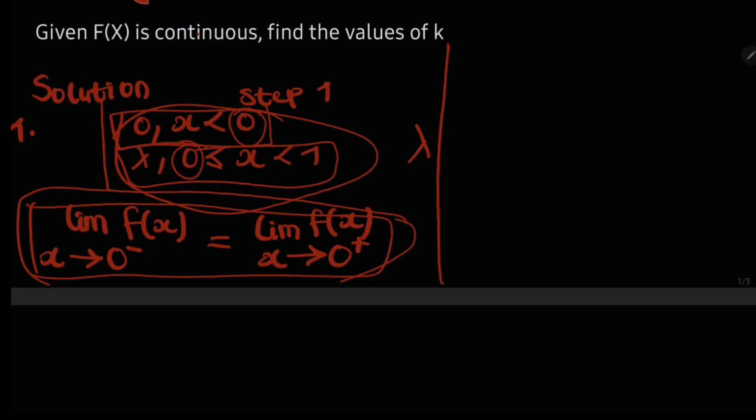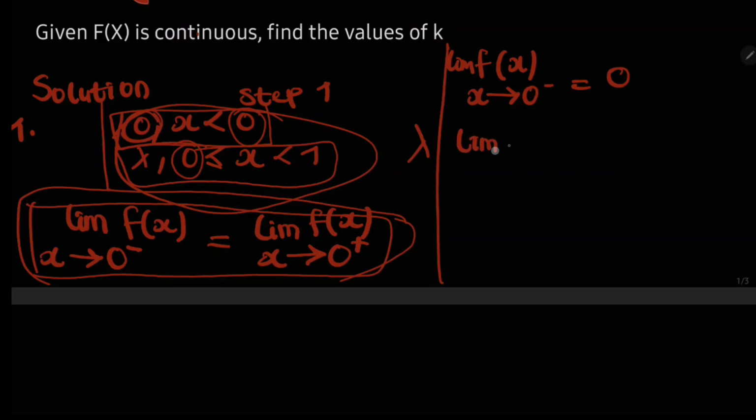So here we are just going to replace x with 0 in the different equations. It's only 0 that is there, so it's going to be 0. Let me just make things clearer. So we'll have our f of x as x goes below 0, this limit, is equal to simply 0 because we only have 0 here.